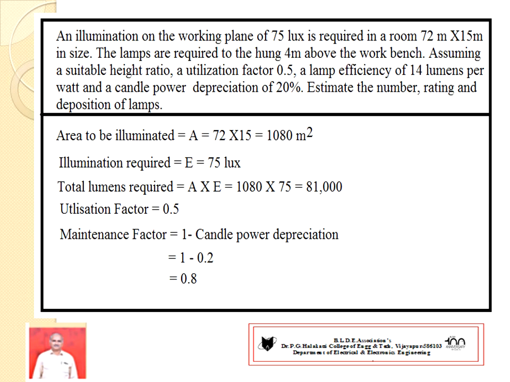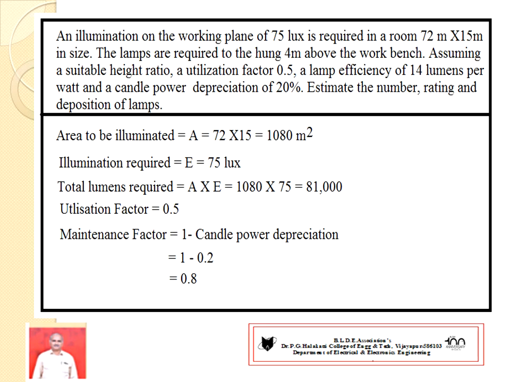Area to be illuminated: calculate the size of the room, and we get 1080 meter square. Then the illumination required is 75 lux. Total lumens required should be equal to A into E, illumination into area. So total lumens is around 81,000.